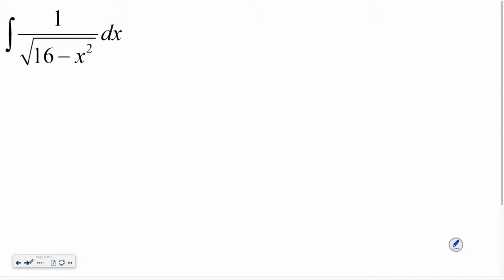So, since we have a squared minus u squared, x is going to be replaced with 4 sine theta.